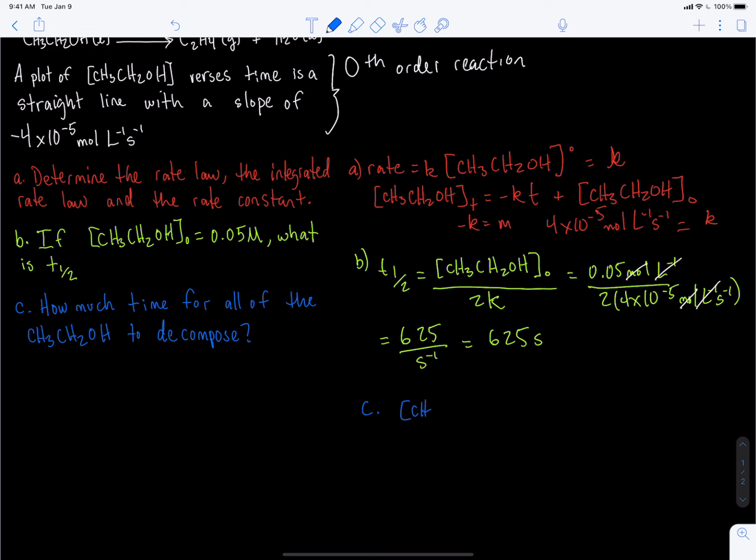I'll go ahead and write that down. That's going to be equal to 0.05 moles per liter. What else do we need though? We're looking for time. That's the question, how much time? So T is our unknown.